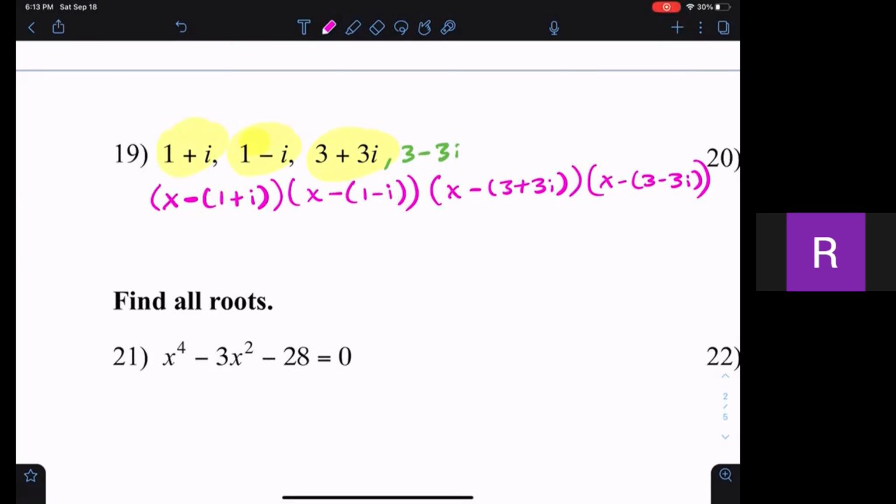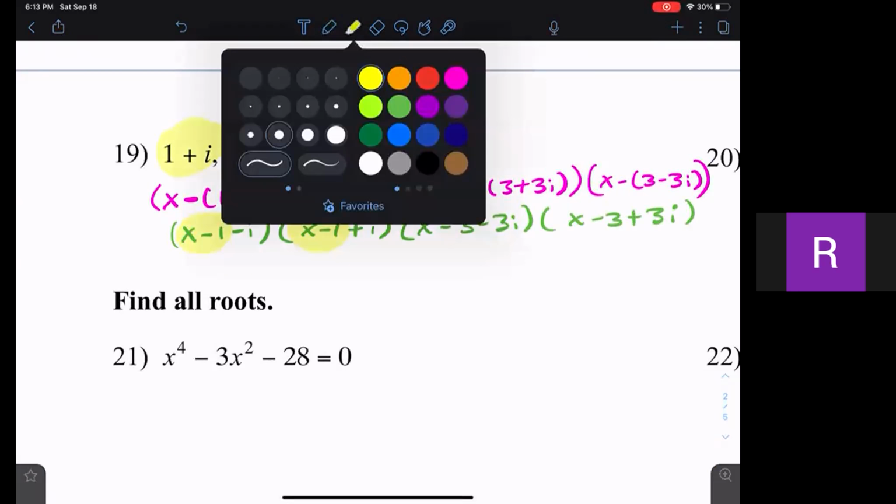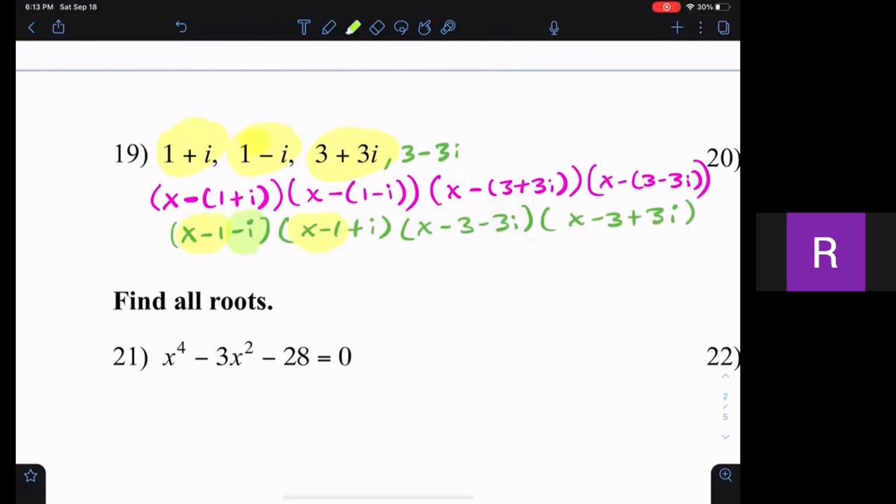So what we need to do is simplify this. So this is going to be x minus 1 minus i, x minus 1 plus i, and x minus 3 minus 3i, x minus 3 plus 3i. And if you notice, of these four, two pairs are identical.